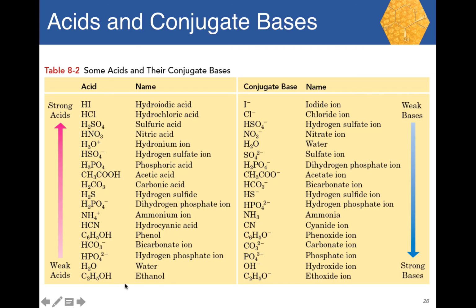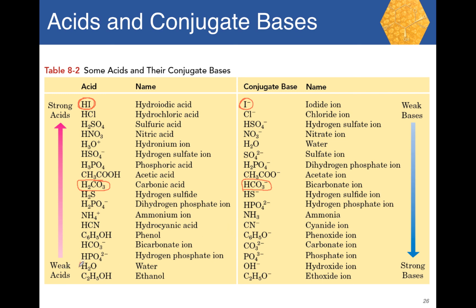And here's an example. What we'll do later on in this course is we will actually calculate the strengths of acids. But you can use this table for the time being. HI is a strong acid, so therefore its conjugate base I- is weak. Here is carbonic acid in the middle, not as strong, so therefore its conjugate base here is not as strong.